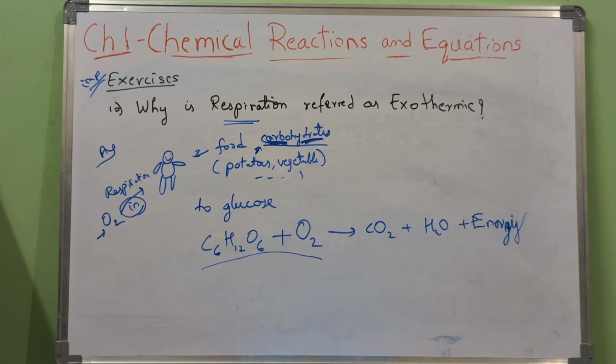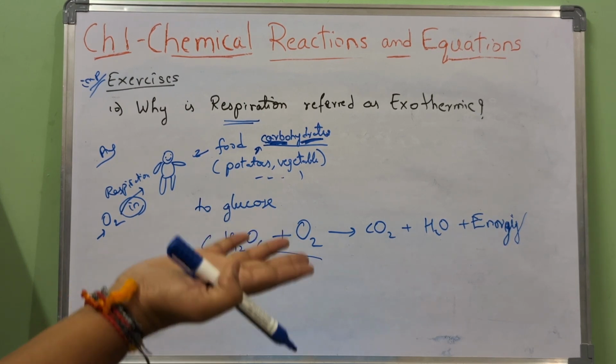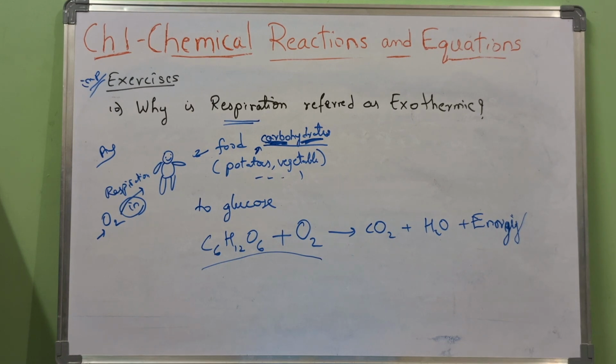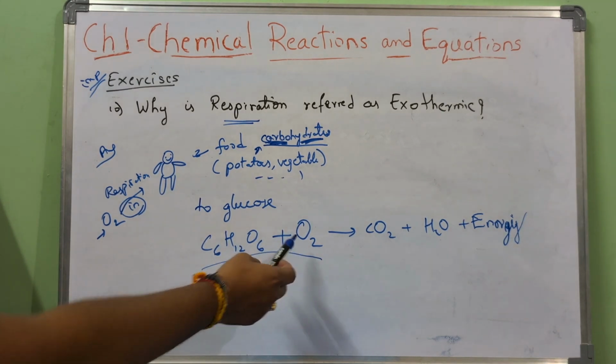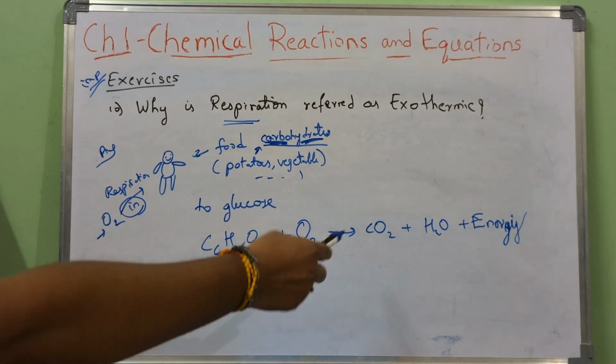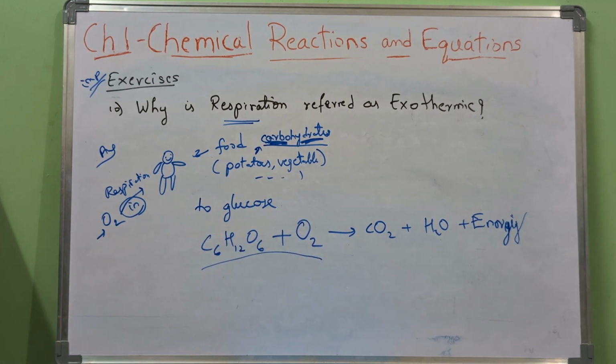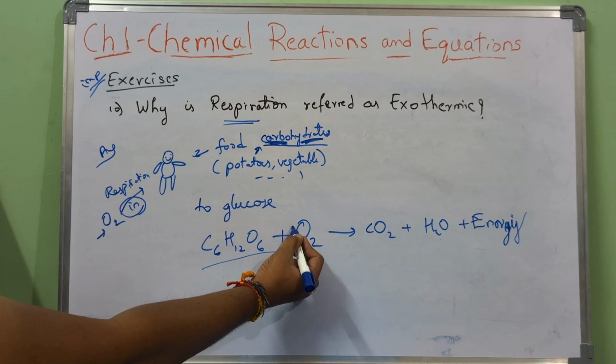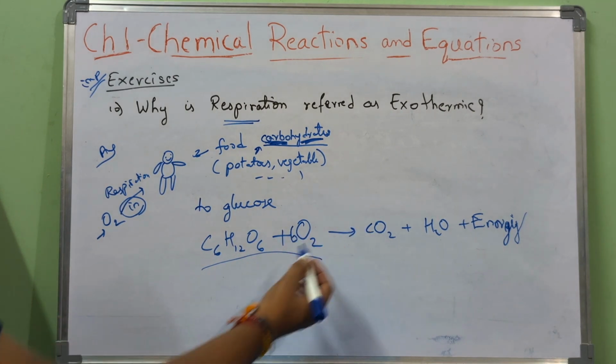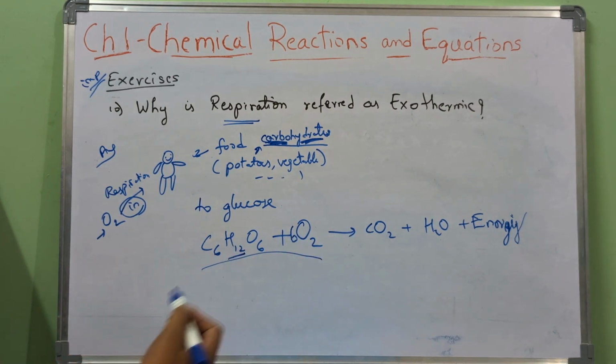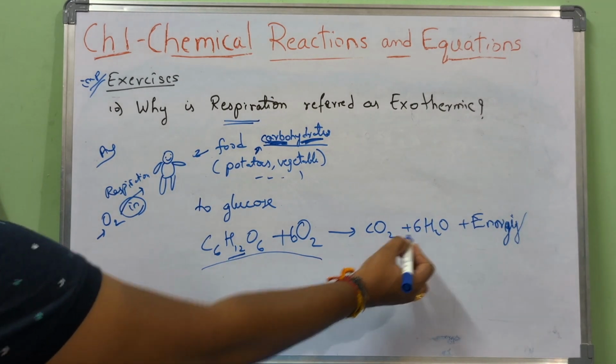One is energy which is used by our body, and also some energy which is not used by the body, which is in the form of heat. It is also getting emptied out. So let's balance it. Oxygen, here it is 6 plus 2, 8, whereas there it is 2 plus 1, there are only 3. So to balance it, because hydrogen is 12 here, let's balance hydrogen first by keeping 6 here.